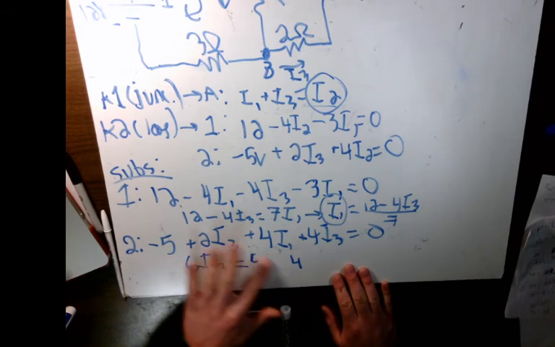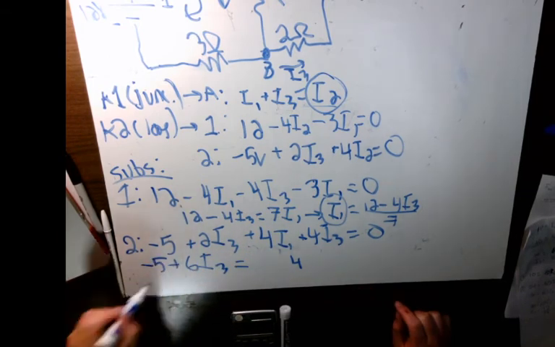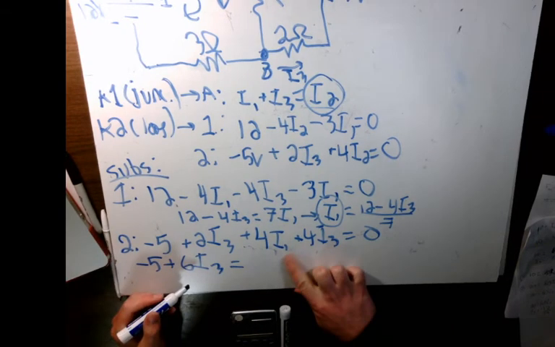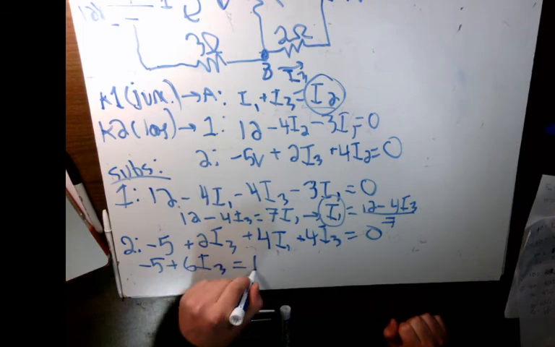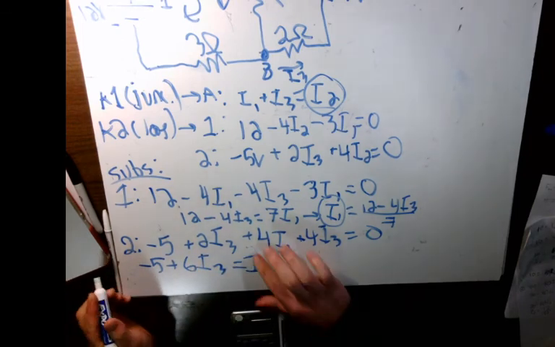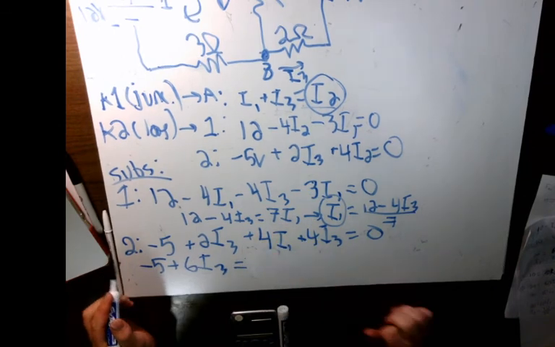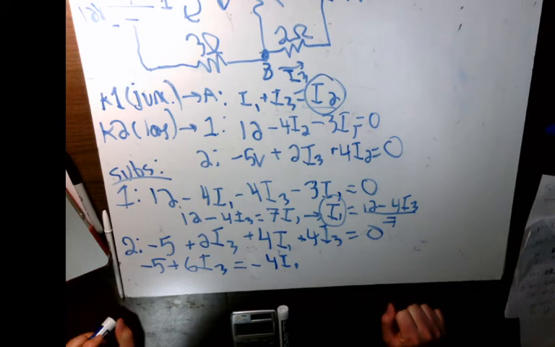If I'm solving for I1 again, I'm going to keep 5 over there. There are a hundred different ways to get to the same answer here, so don't worry too much about how you get to it.